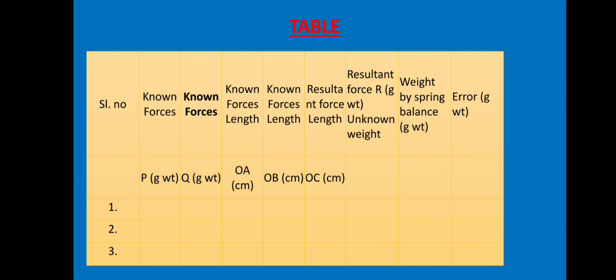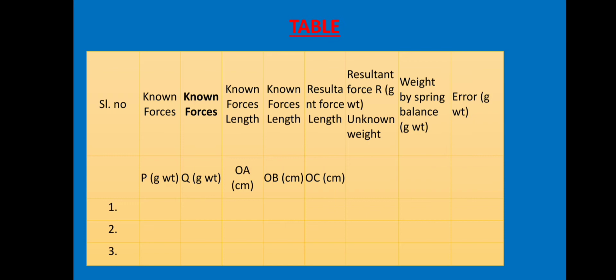The diagonal is OC. Okay, now if we get OC, we'll measure it, and that measurement gives us the resultant force in length. How to find out in terms of weight? Again the length will be converted to gram weight using the proper scale method. So now we have got the resultant weight.